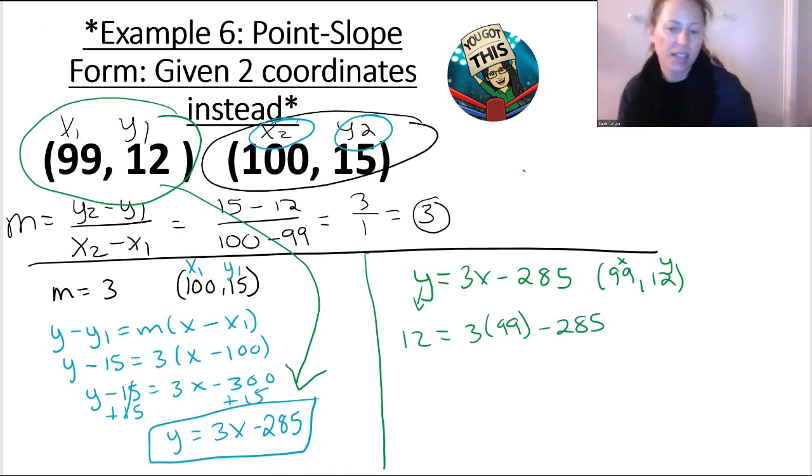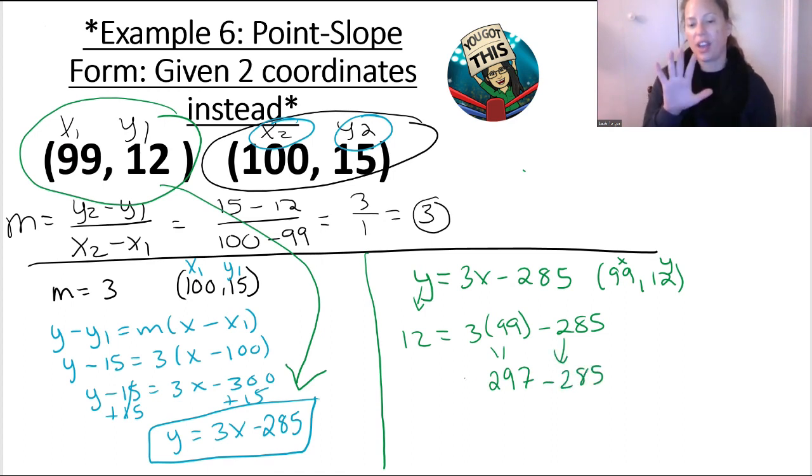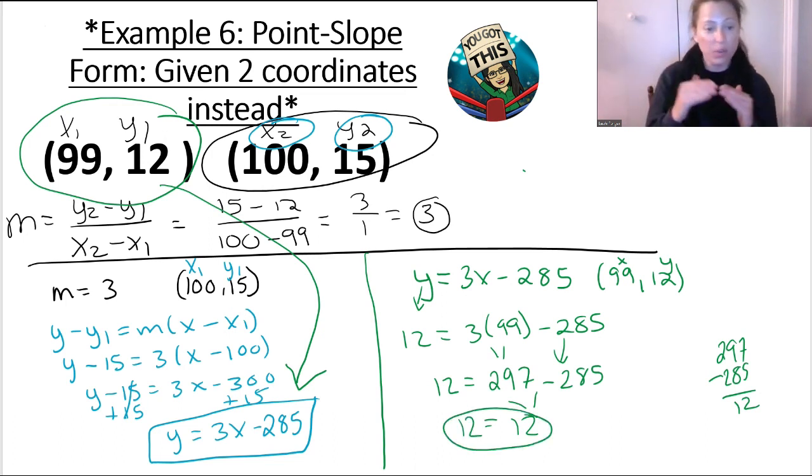I'm going to see if the left matches the right, if it creates a true statement. So 3 times 99 is 297. Okay, so bring this down. Minus 285 equals 12. Well, let's see. 297 minus 285 gets me 12. 12 does equal 12. So that's a way that you can check your work to make sure that you did everything correct.